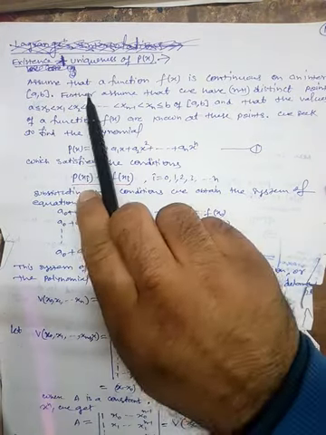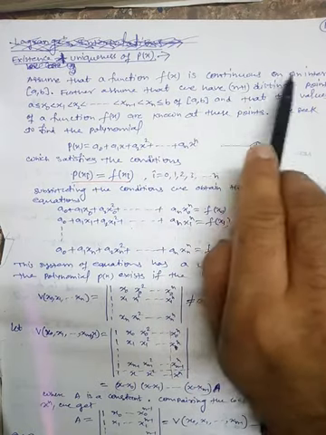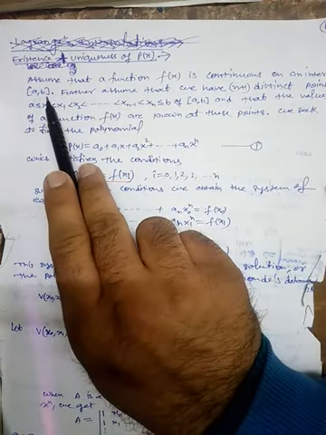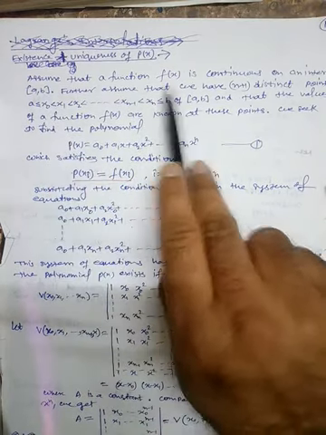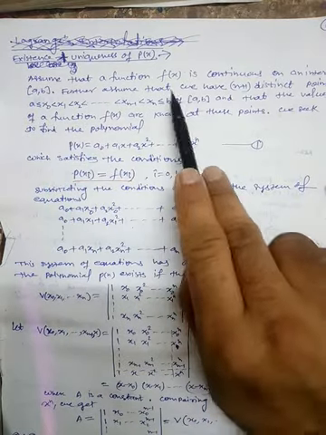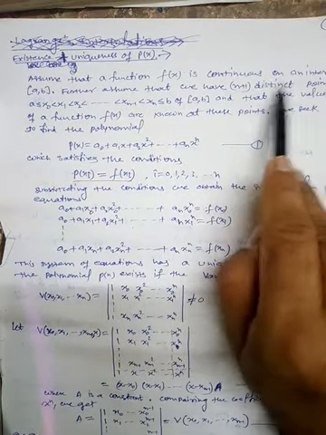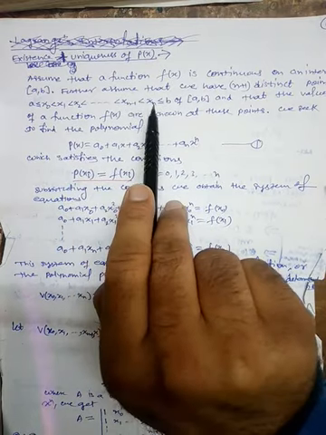So assume that a function f(x) is continuous on an interval [a, b]. Further, assume that we have n plus 1 distinct points x0, x1, x2, ..., xn-1, xn.